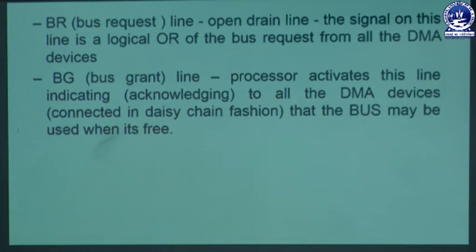The processor activates this line, acknowledging to all the DMA devices which are connected in a daisy chain fashion that the bus may be used when it is free. So the bus grant line means when the processor gets the bus request from the DMA controllers, that means the DMA controllers need the bus so that they can perform the data transfer.